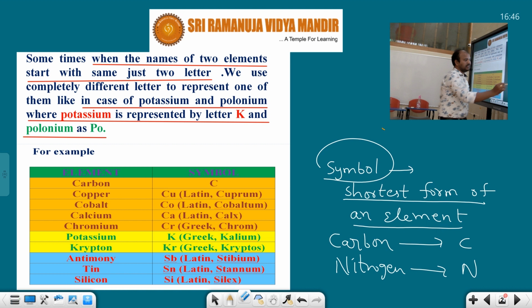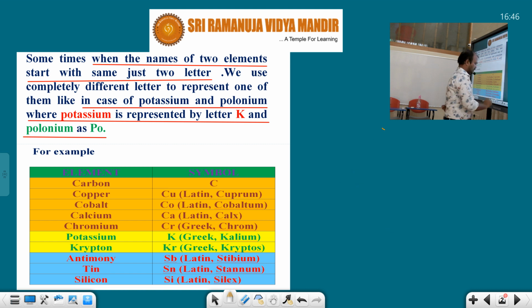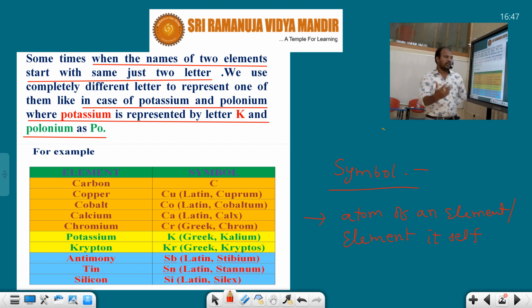Generally, a symbol indicates an atom of an element, or the element itself.